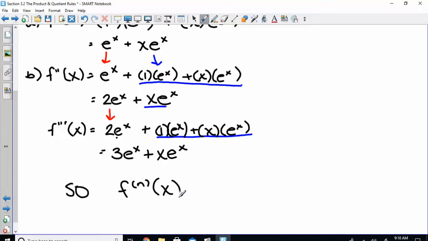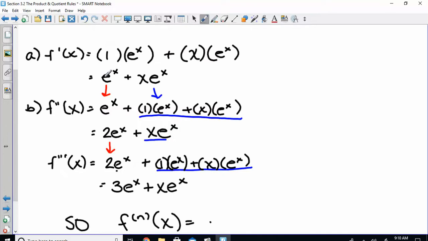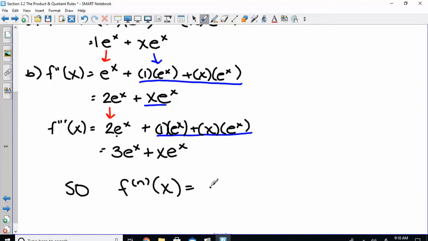So, what would the nth derivative be? The first derivative was 1 e to the x plus x e to the x. Second derivative was 2 e to the x plus x e to the x. Third derivative is 3 e to the x plus x e to the x. So the nth derivative would be n e to the x plus x e to the x.